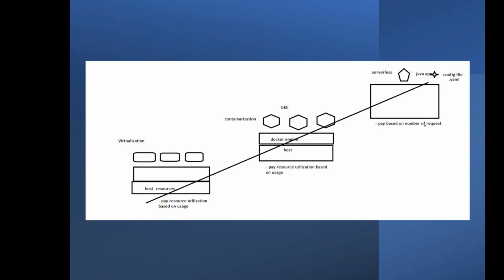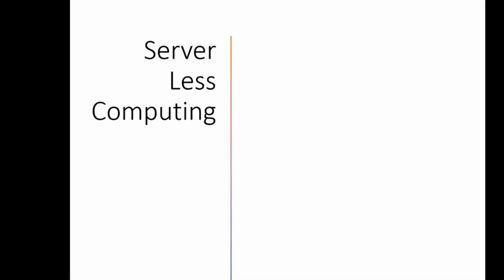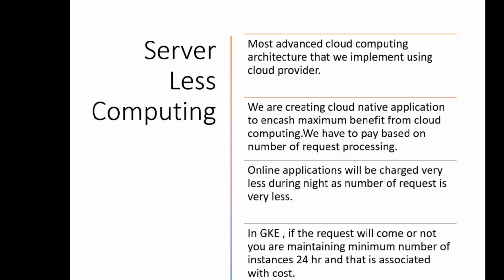Let's get some surrounding information about serverless architecture, right? If you see here, it gives some comparison, like the most advanced cloud computing architecture that we implement using a cloud provider. We are creating cloud native applications to encash maximum benefits from cloud computing. We have to pay based on the number of requests processed.